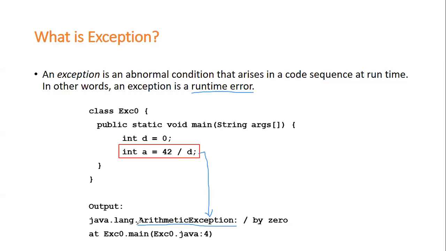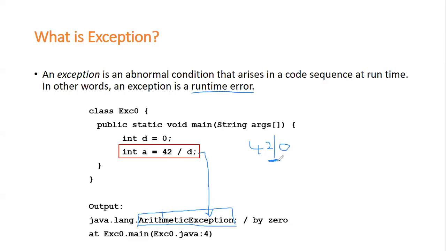So now what type of exception is being thrown? It is throwing an exception called arithmetic exception. Why is it throwing an arithmetic exception? You see that I'm trying to divide 42 by 0. We can't divide a number by 0. Why did the word arithmetic come? Division by 0.